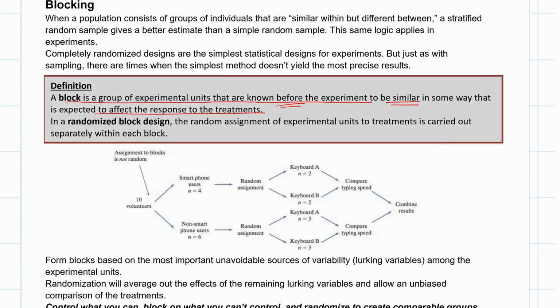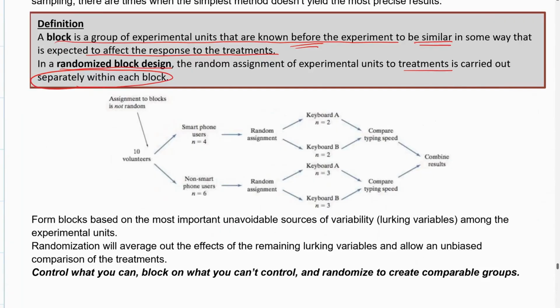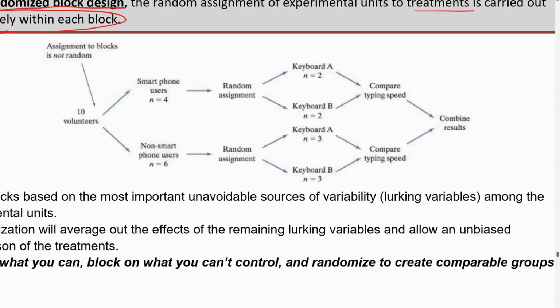So what we do to take that into account is what's called a randomized block design, where we have the treatments assigned within each block. So imagine, for example, we're taking a look at two different keyboard designs for a smartphone. And maybe this is really early in the smartphone era, and not everyone has a smartphone yet. You get 10 volunteers.